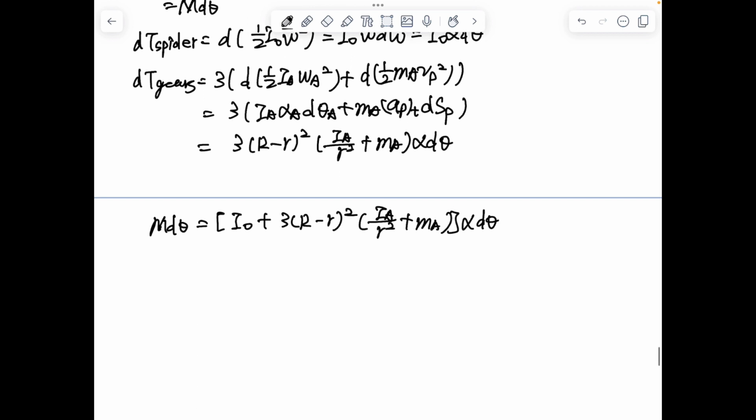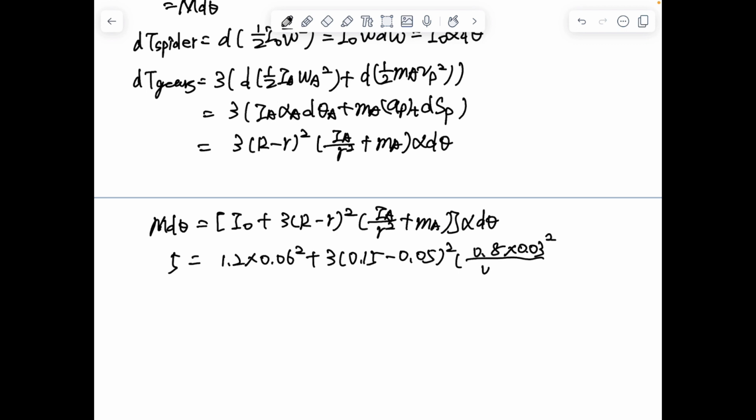Then 5 is equal to (1.2 times 0.06 squared plus 3 times (0.15 minus 0.05) squared times (0.8 times 0.03 squared over 0.05 squared plus 0.8)) times alpha. Then alpha is equal to 135.3 radians per second squared.